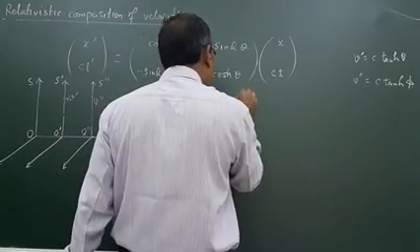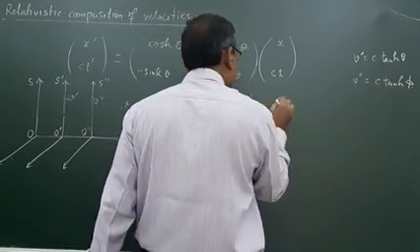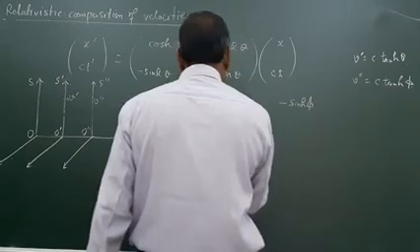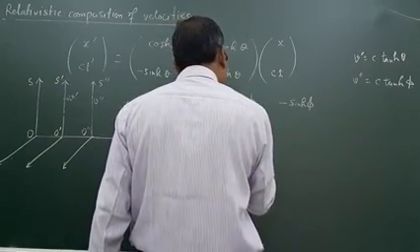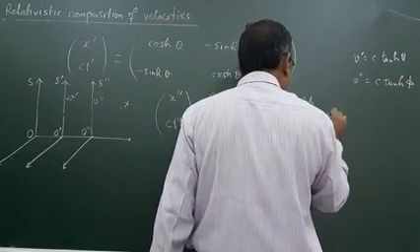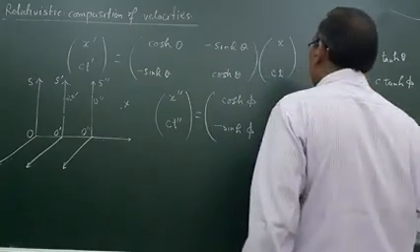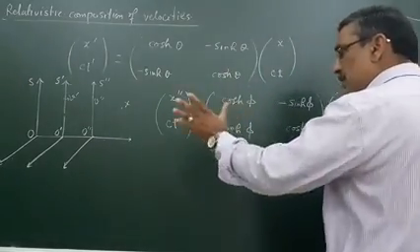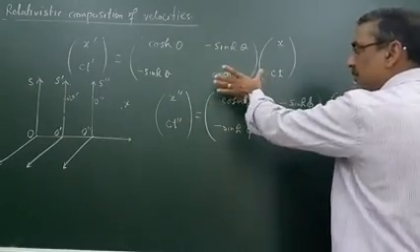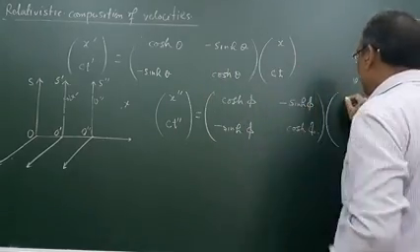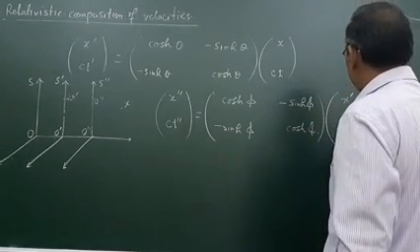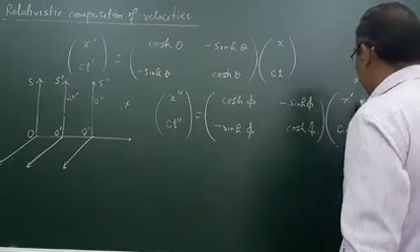So t double dash will be equal to, similarly, cos hyperbolic phi, minus sin hyperbolic phi, minus sin hyperbolic phi, cos hyperbolic phi. We are using the Lorentz transformation, therefore we are using this Lorentz representation of x dash and ct dash.